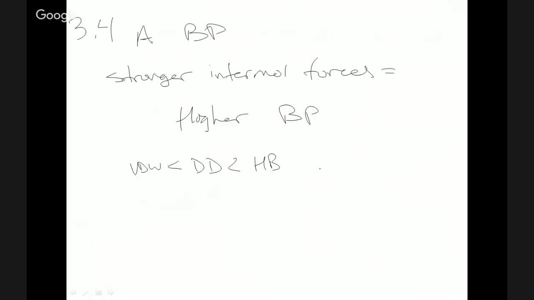So, stronger intermolecular forces, more surface area, higher boiling point.